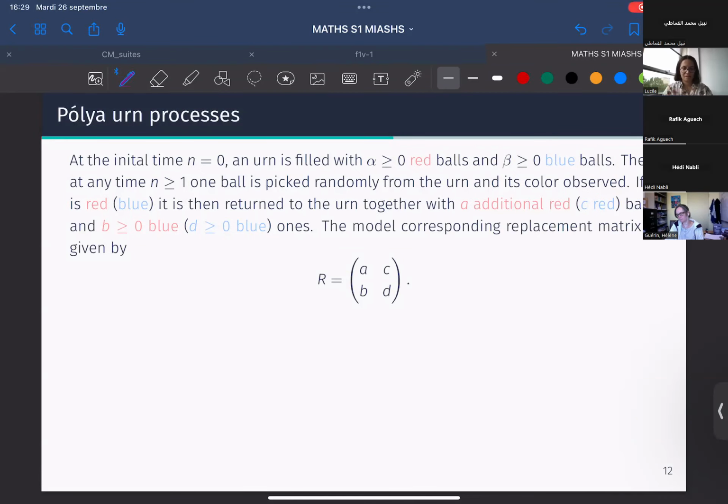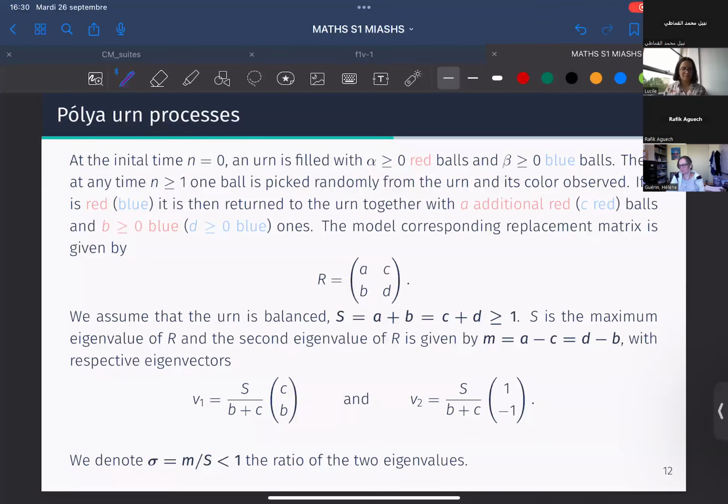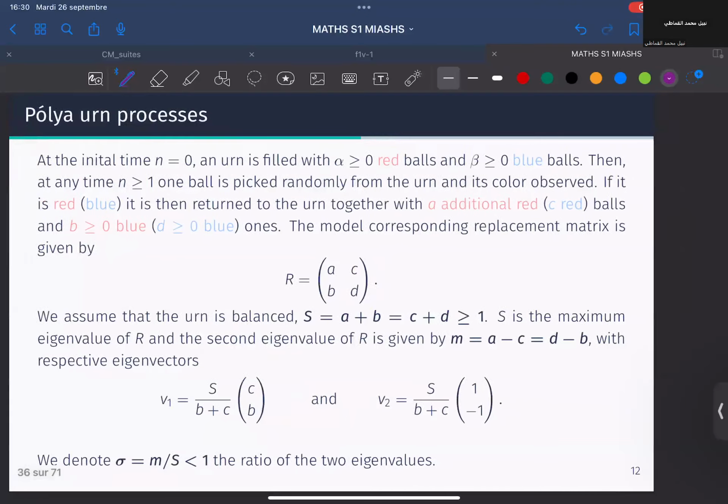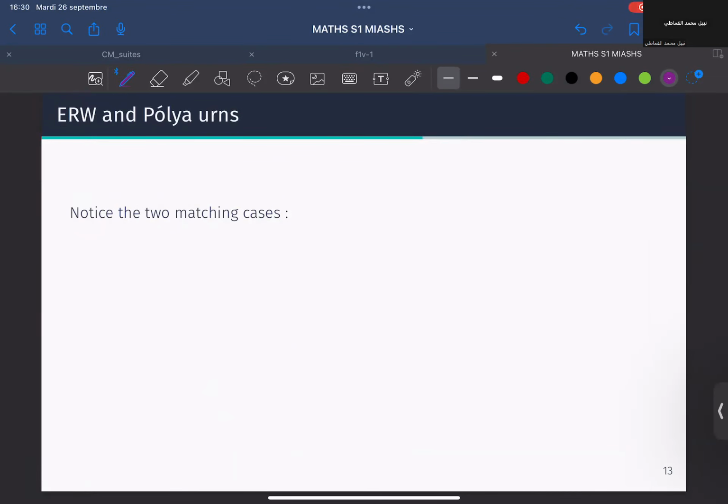All of this is characterized by a matrix that is the replacement matrix, and the behavior depends on the eigenvector of the biggest eigenvalue. So this is a nice generalization.